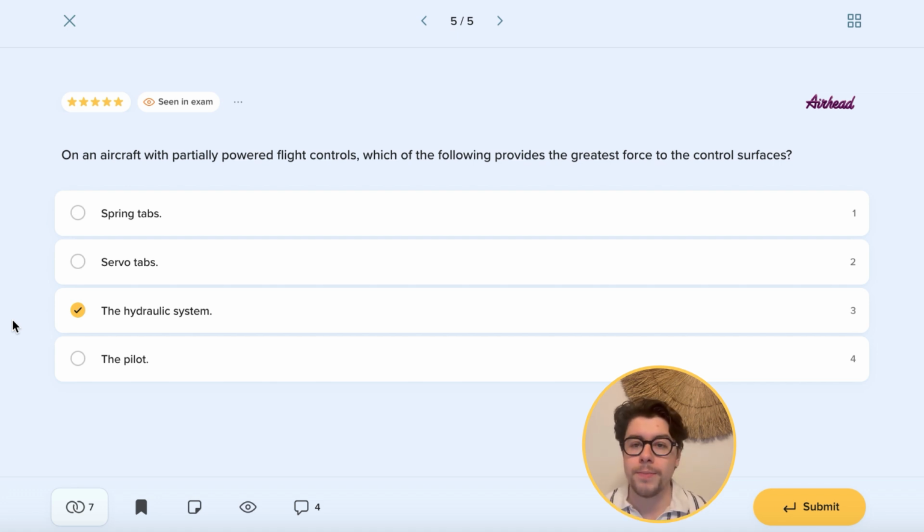We will have the pilot's inputs that will do some movements on the controls. However, these will be amplified using the hydraulic system, because pilots are not able to produce enough force to overcome the aerodynamic forces when you're flying big jets, moving big control surfaces at cruising speeds of 300 knots and more.